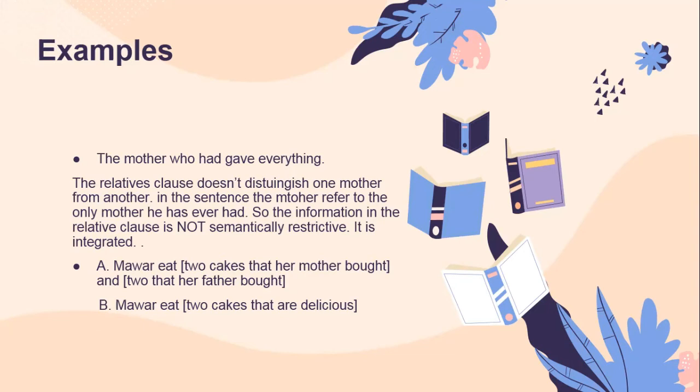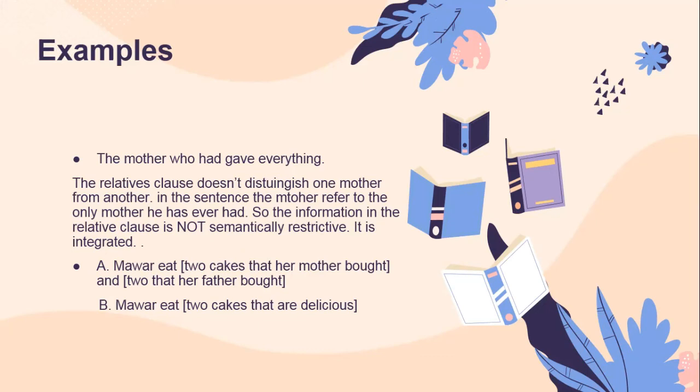For the second example, in sentence A: Mawar ate two cakes that her mother bought and two that her father bought. In B: Mawar ate two cakes that are delicious. In A, the relative clause is certainly semantically restrictive because it explains which two cakes, those her mother bought and those her father bought.